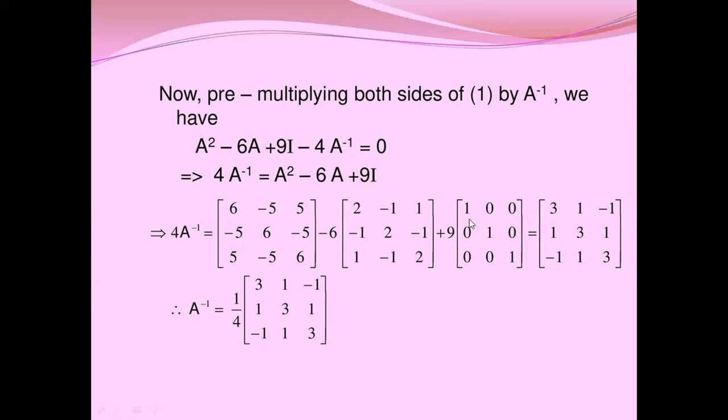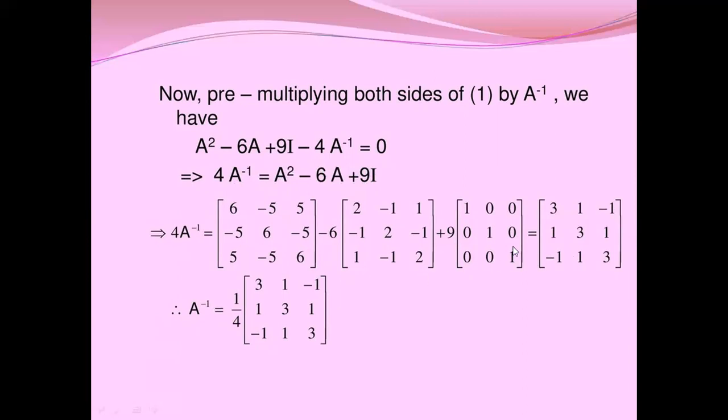on simplification, 4A inverse equal to 3, 1, -1; 1, 3, 1; -1, 1, 3. This matrix we get after substituting all the values in the above equation. After substituting all the right-hand side values, we get the 4A inverse matrix, which is this.